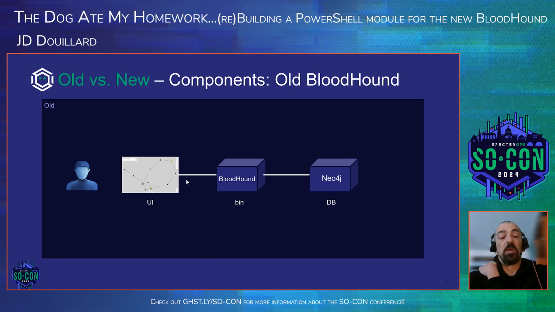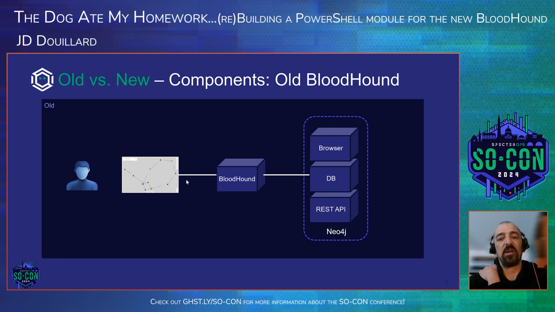So basically, BloodHound was just an interface between Neo4j and the user. It came with its own browser and the REST API, so you could talk to the Neo4j browser directly.